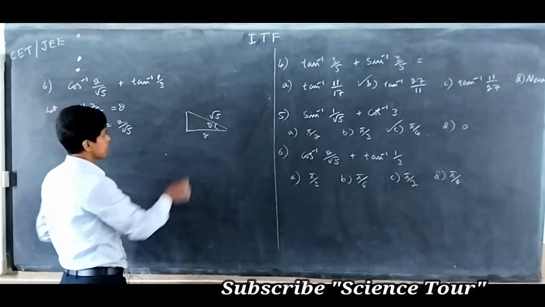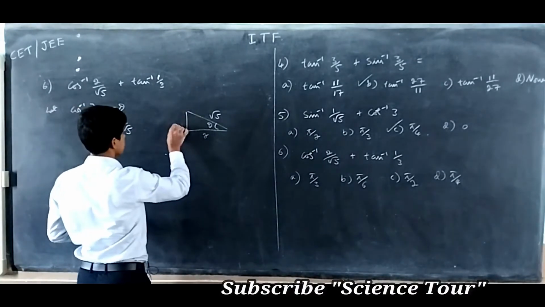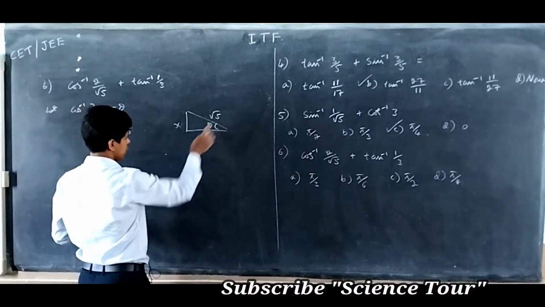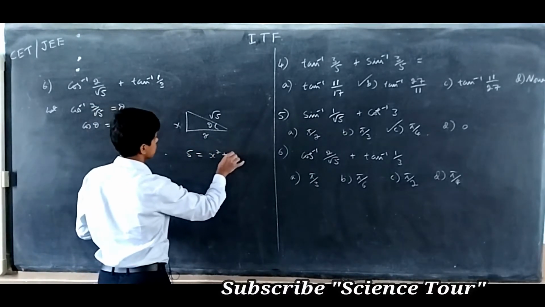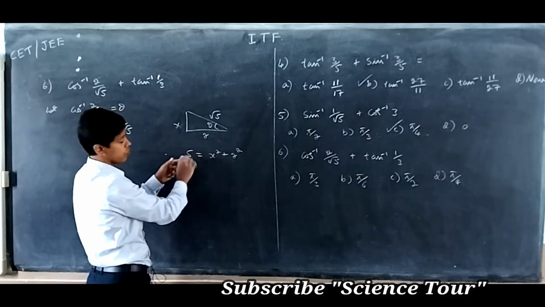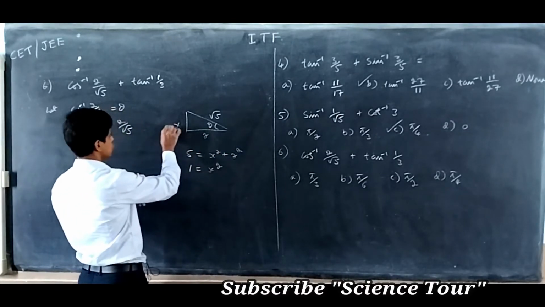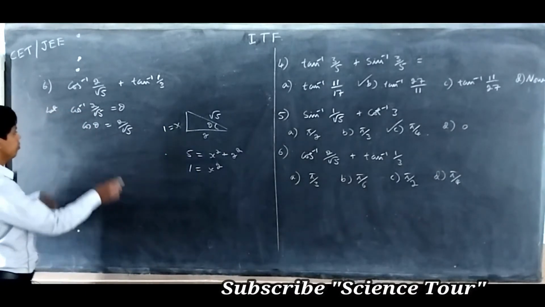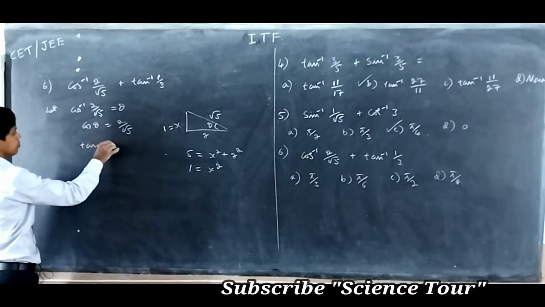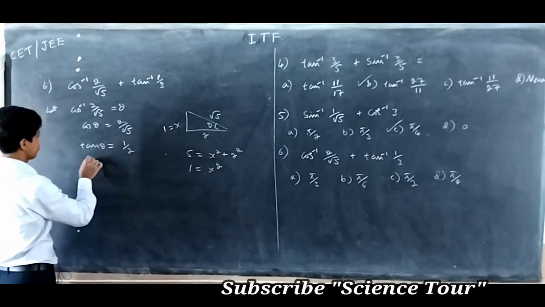And in the previous problem you saw that this is 1. If you don't know why it is 1, then I will do it again. So root 5 square is x square plus 2 square, which is 4, 5 minus 4 is 1. So x square is 1, therefore x is 1. Now what is tan theta? Tan theta is opposite by adjacent, so that is half.